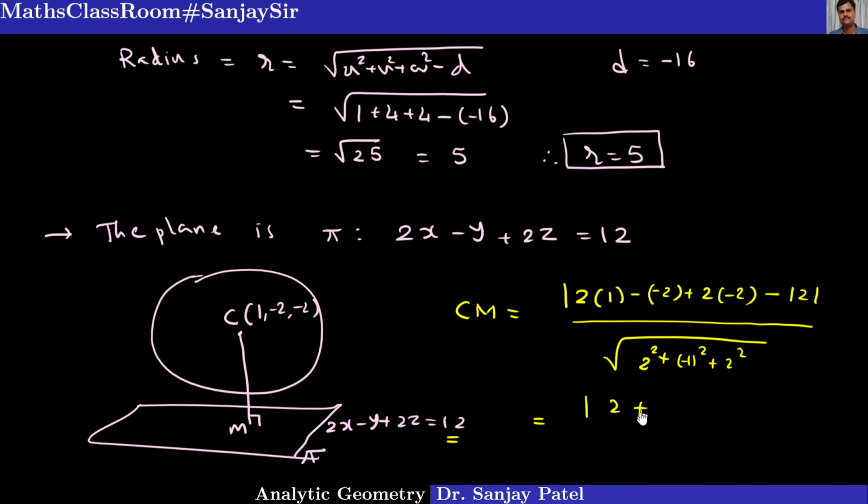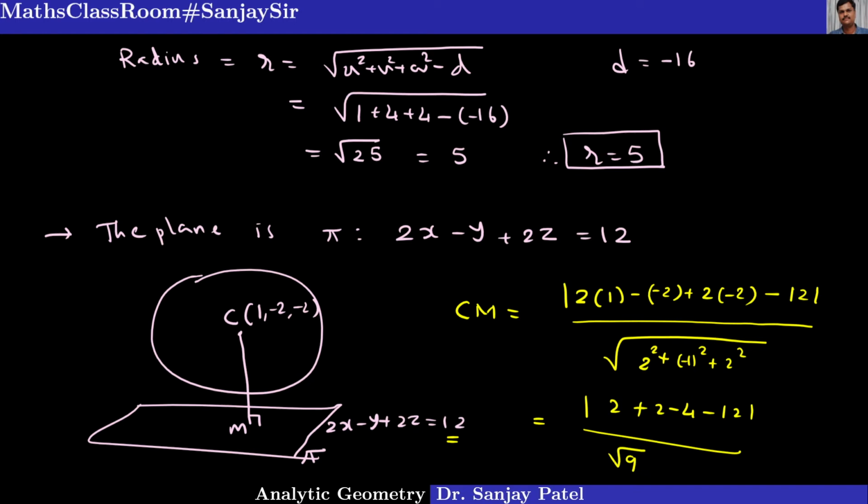So this gives me 2 plus 2 minus 4 and minus 12 upon square root of 4 plus 4, 8 plus 1, 9, square root of 9.